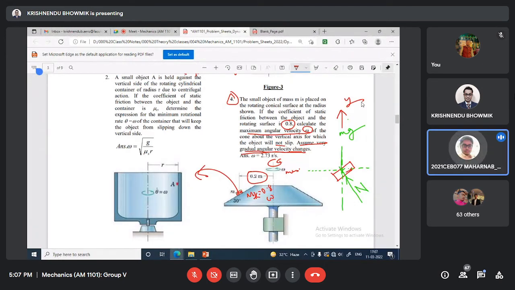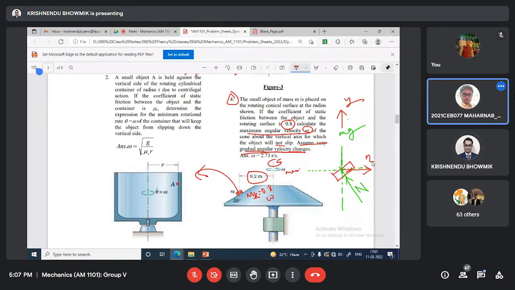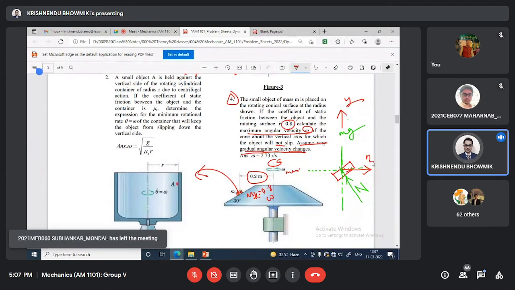Sir, right. Towards right, correct? You mean to say this? Correct. Yes, sir. If this is the case, this way you are moving. So if I want to write in terms of D'Alembert principle, then in which direction should I write that force with an arrow?